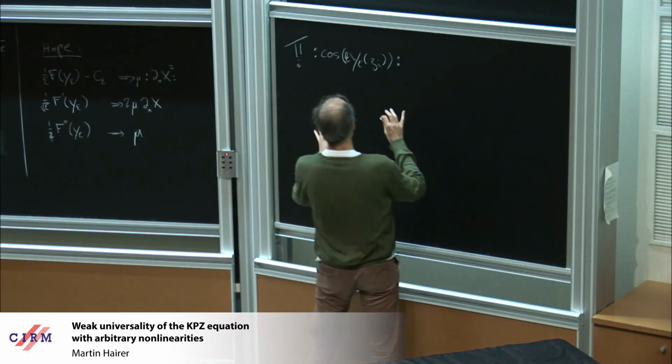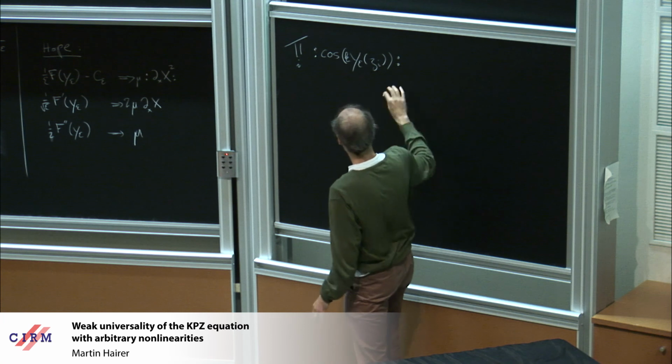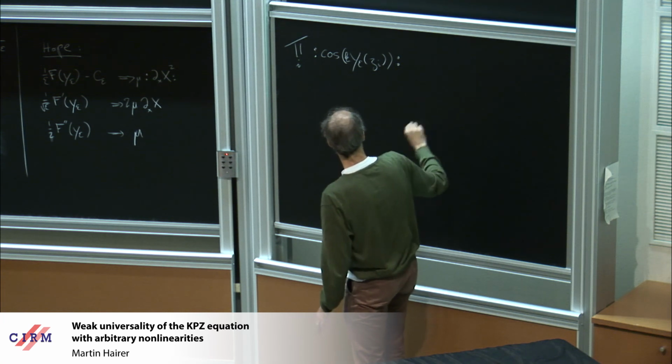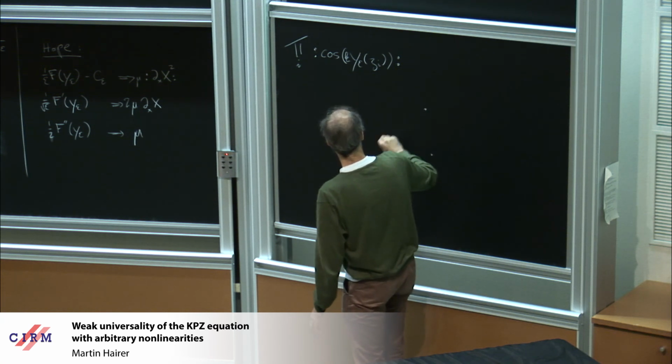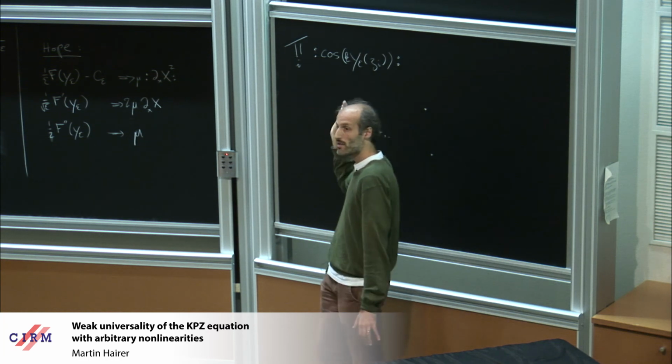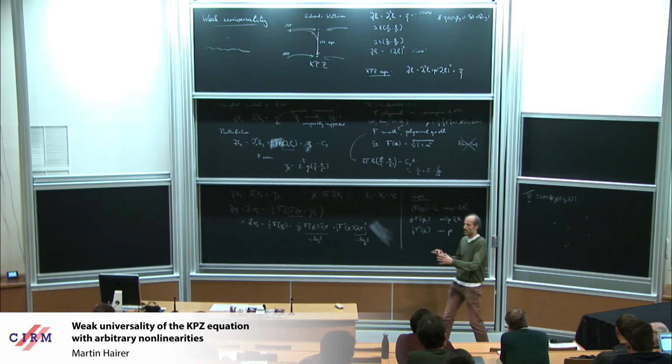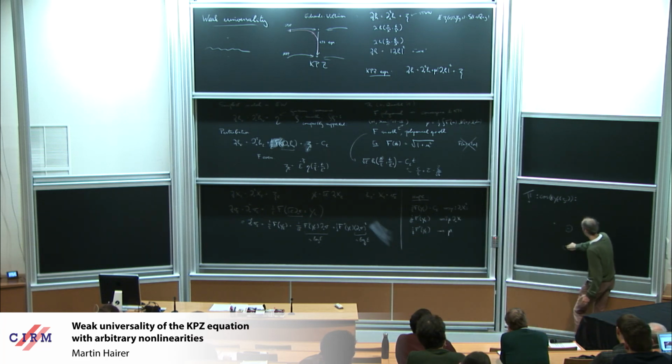And then the trick that we use is this: you have point configurations in space-time for which you want to control these types of expressions. And you start to see that you have problems when some of these points are very close to each other.